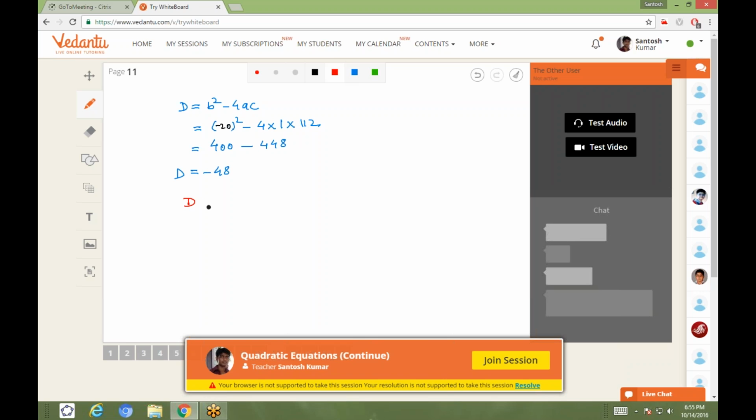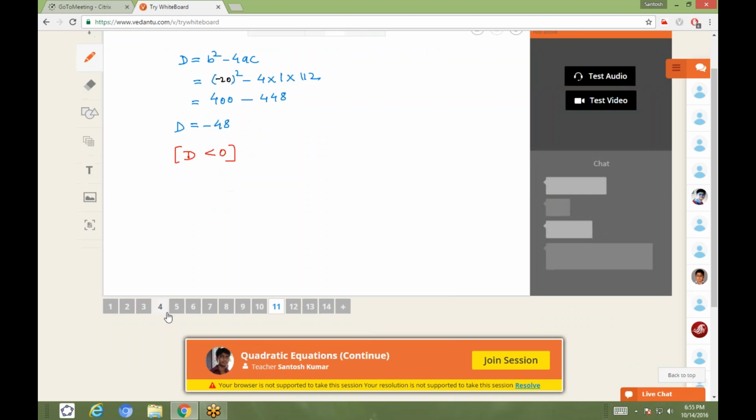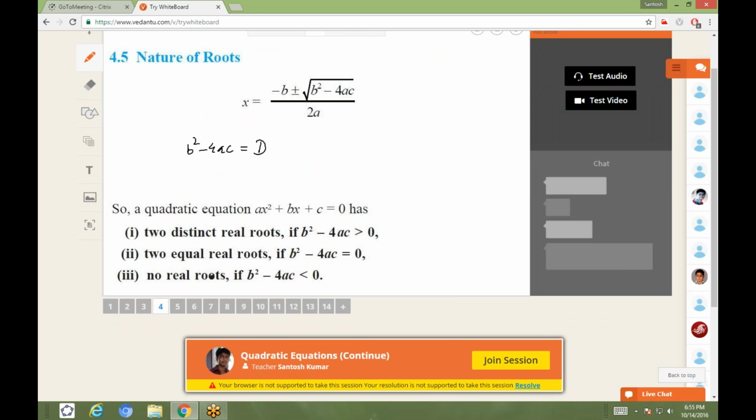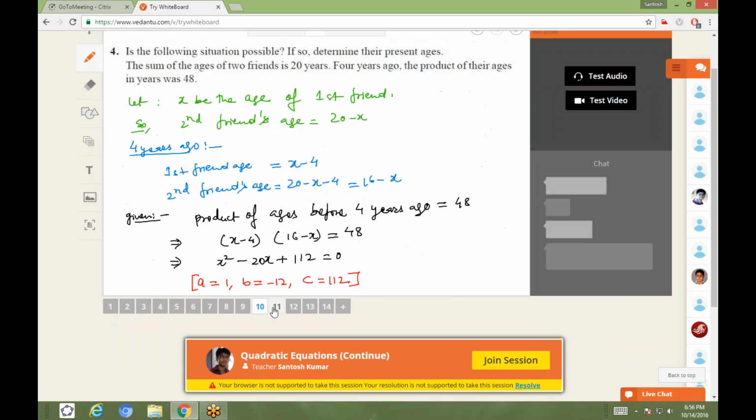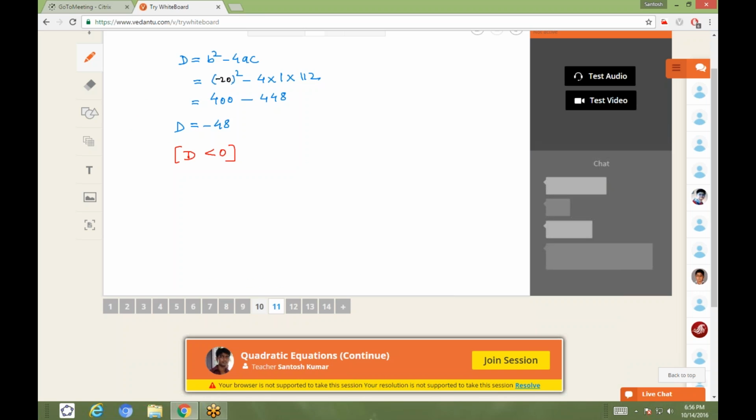Akanksha and Mufassir, both of you look here. D is minus 48, which is less than 0. Once again, let's go to page number 4. It says if the discriminant is less than 0, then you will have no real roots. Since we do not have any real roots, we will not be able to solve for x here.